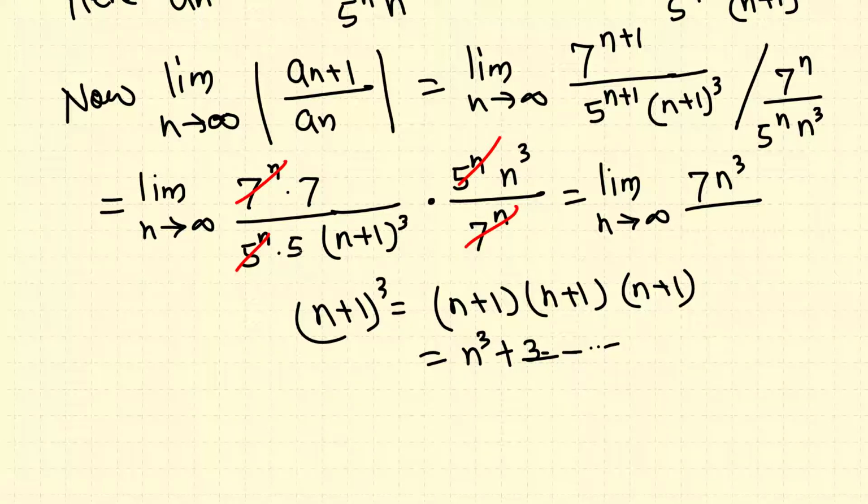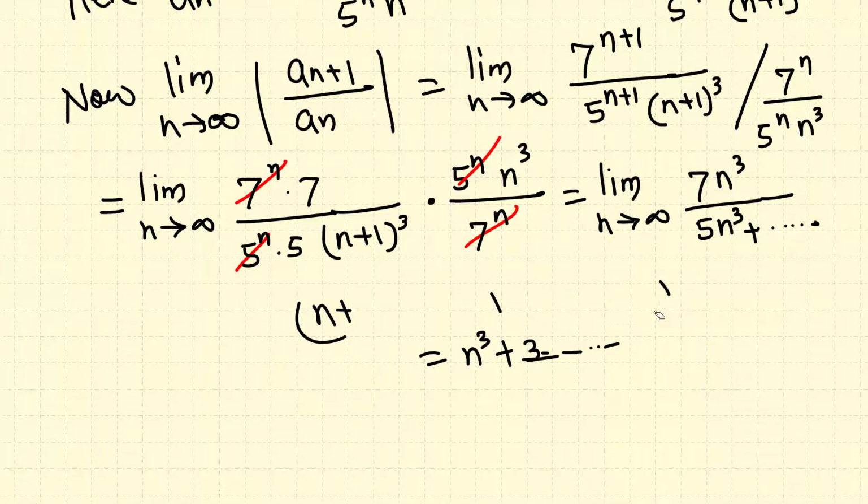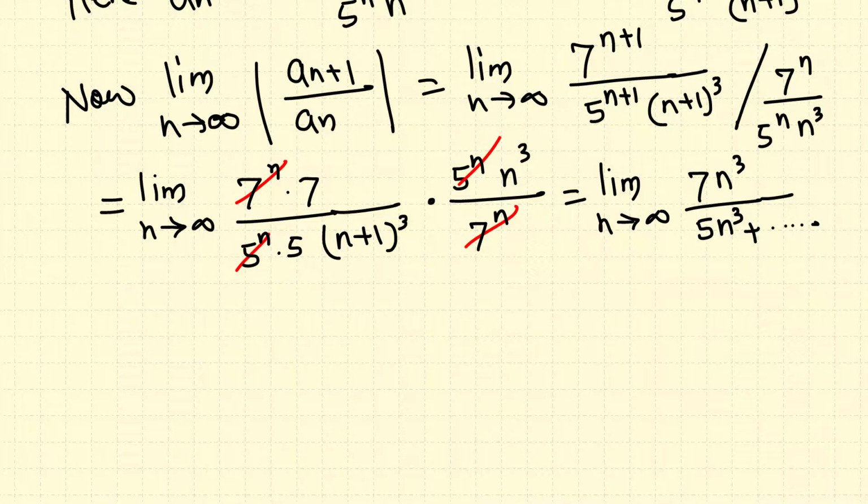And now I need to multiply by 5. So I'm going to write down 5 times n cubed plus 5 times the other terms, because we are looking at the limit at infinity, so only the leading term matters. So I just wrote the leading term.